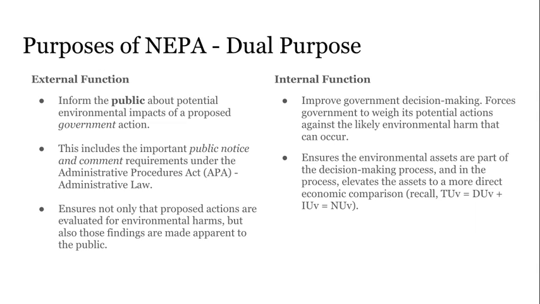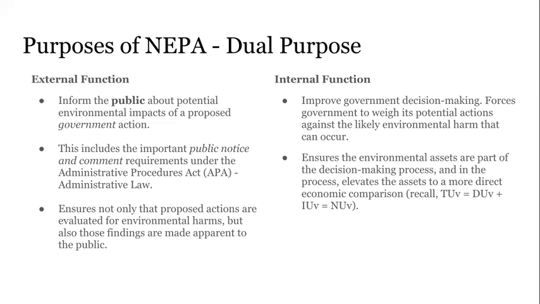I mentioned this a little bit in the introduction to this video, but we get into this a lot more in the overview of environmental when we're trying to define the environment, and we talk about the environment from a human standpoint, that economist standpoint versus an ecologist. Remember this, in those overview materials I have here, recall TUV equals DUV plus IUV plus, sorry, NUV.